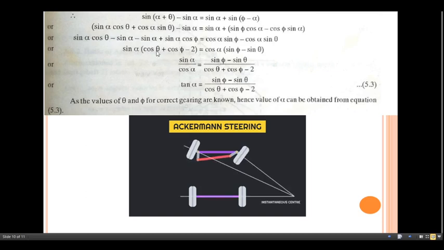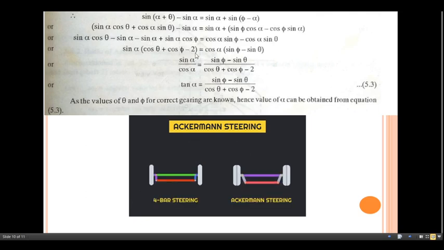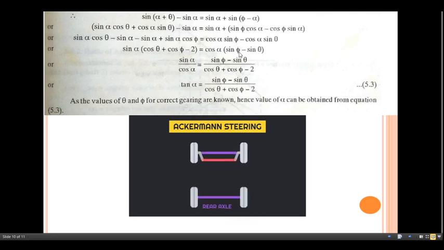What do we get here? The remaining terms are cos of theta plus cos of phi, and here for sine of alpha, the 2 sine of alpha is with us, that's why minus 2 will come here. And in the next bracket, if I take cos alpha as common, the remaining one is sine of phi minus sine of theta. In this way you can get it.